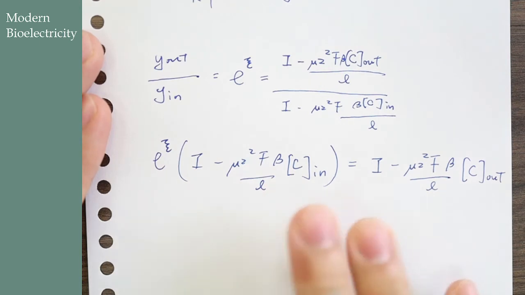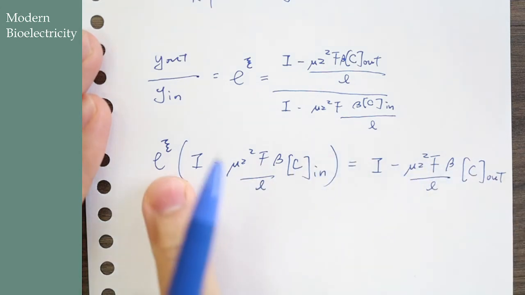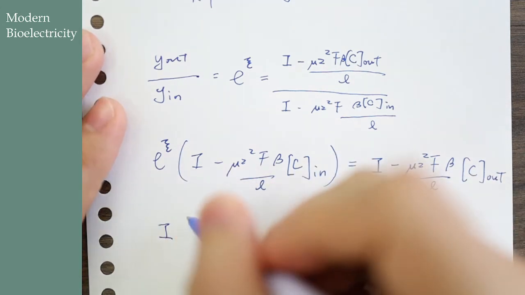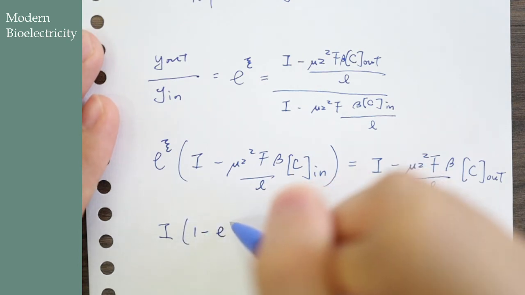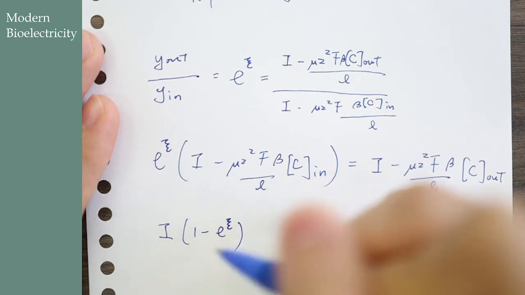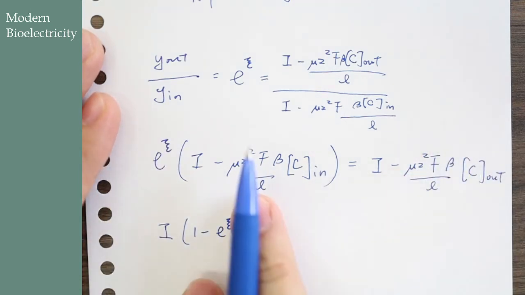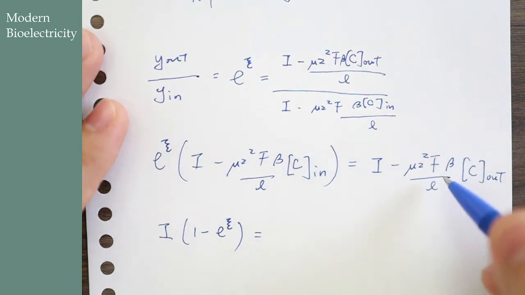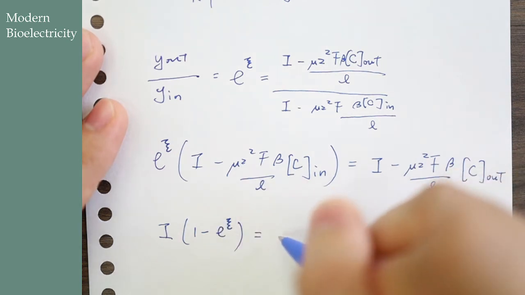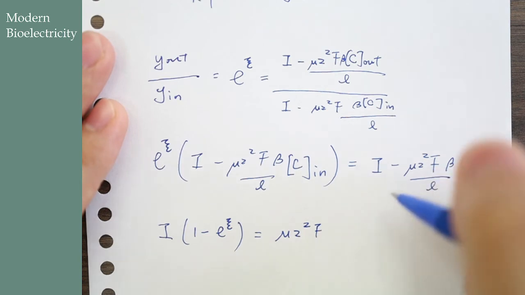I want to put the I together, so we move this to here. I times 1 minus E to C. We move the I to here, and this is minus, so we move this to here. Mu Z square F.